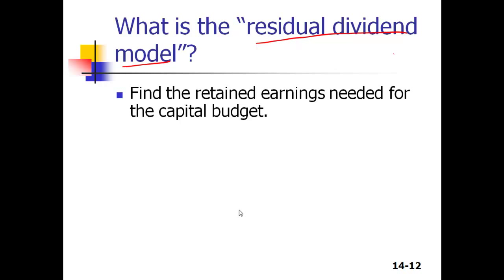Ideally, you would want the earnings that you generate to be used to pay for your projects. Then when the money that you earn is used on projects, what if money is left over? What do you think that money is called? That's the residue.